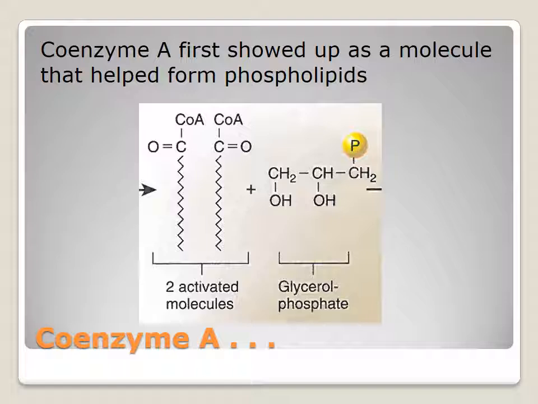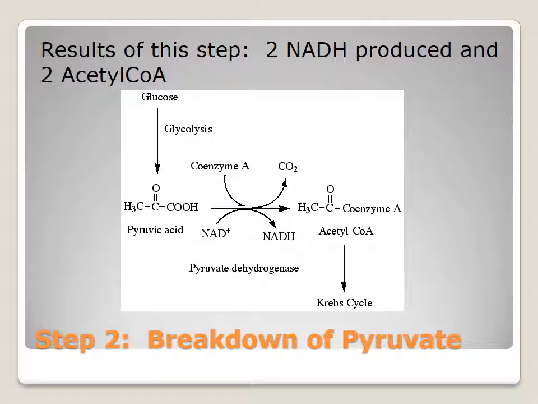Here is where we saw it originally, attaching it to phospholipids. Now we have a grand total of 2 acetyl coenzyme A's produced, 2 carbon dioxide produced, and 2 NADH produced from the breakdown of pyruvate. That gives us step 2, the breakdown of pyruvate.